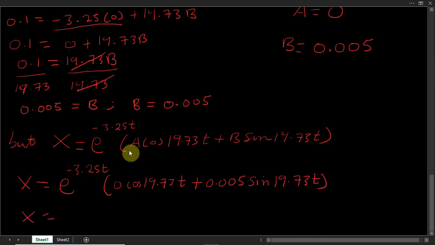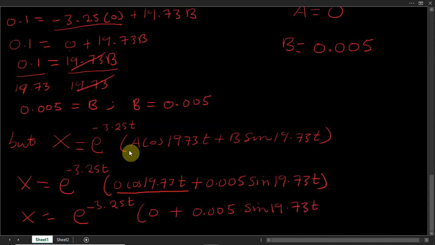This will further give us e to the power of negative 3.25t. Then this, of course, becomes 0 plus this is the same as 0.005 sine 19.73t.